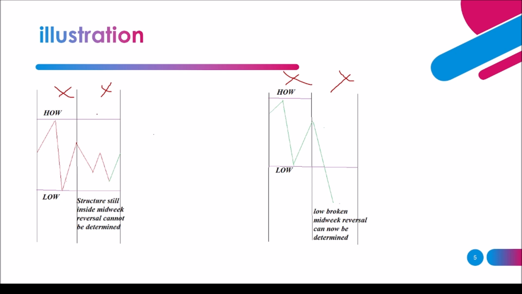We can see that in this particular week, we did not break any of these two. We did not break the high or the low. So structure still inside. So midweek reversal cannot be determined.